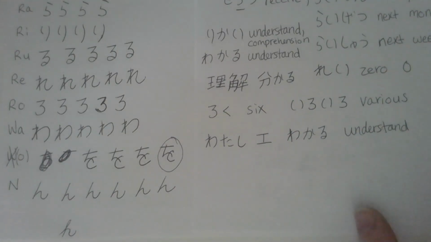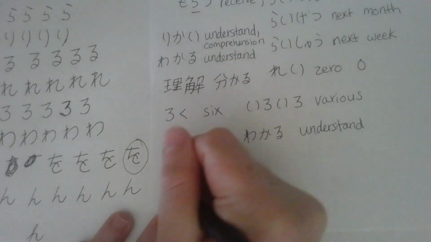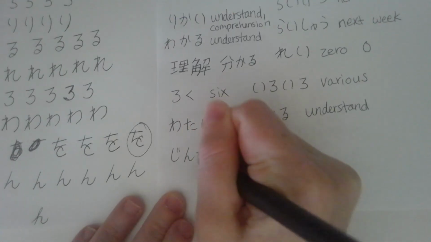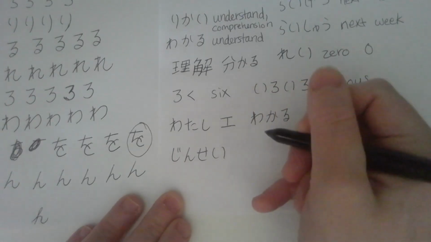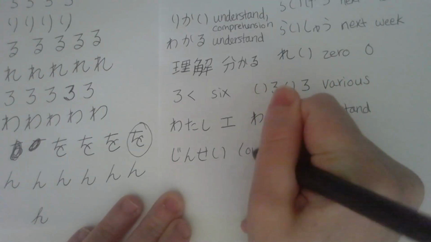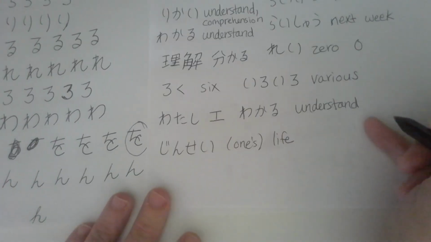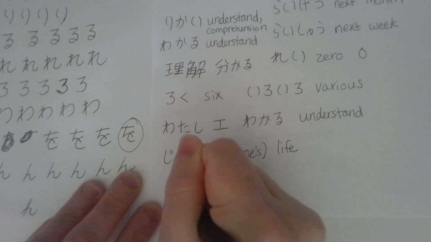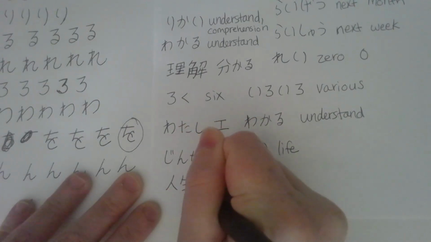We can do jinsei, which means your life or one's life. And the kanji for that would be the person kanji, and then the life kanji.